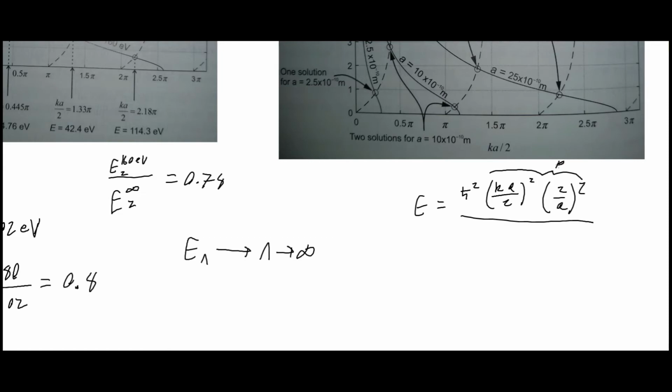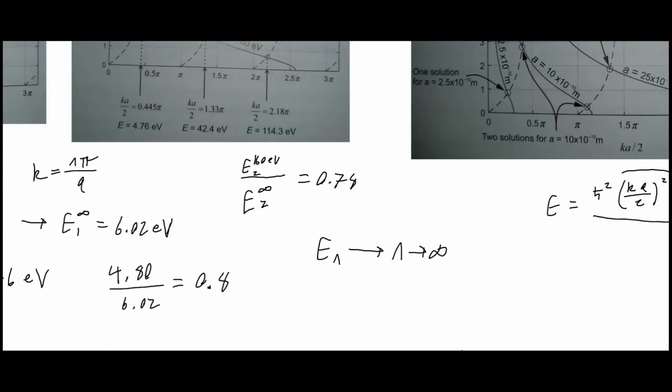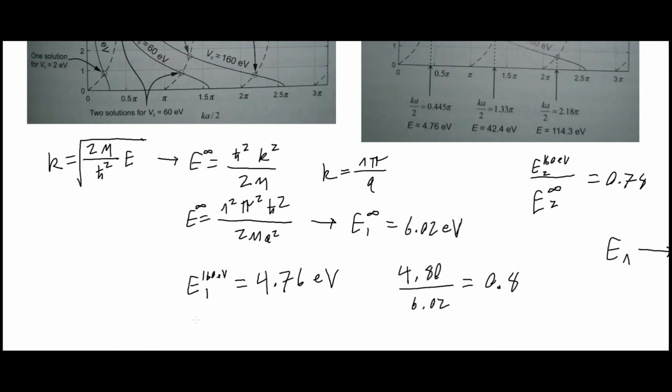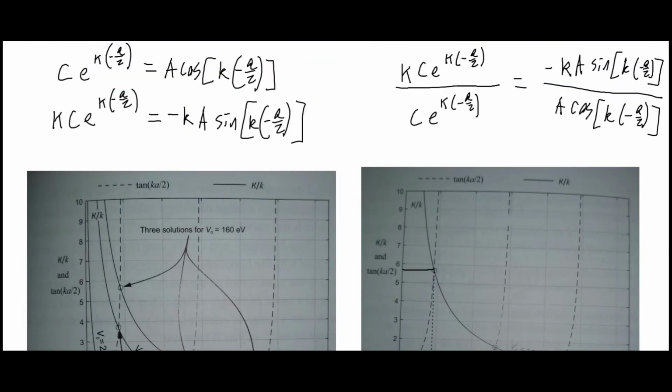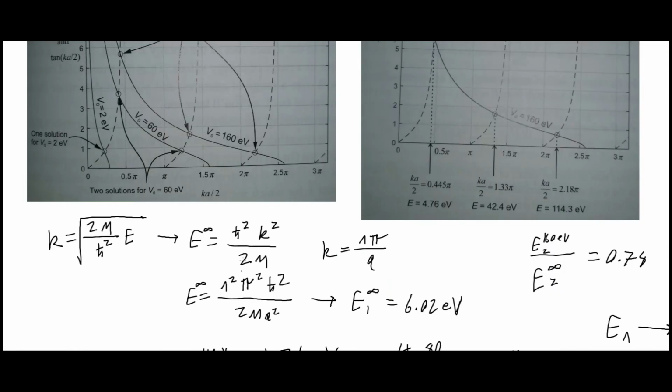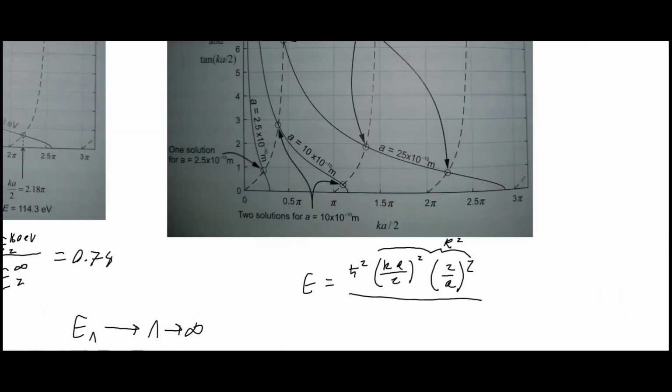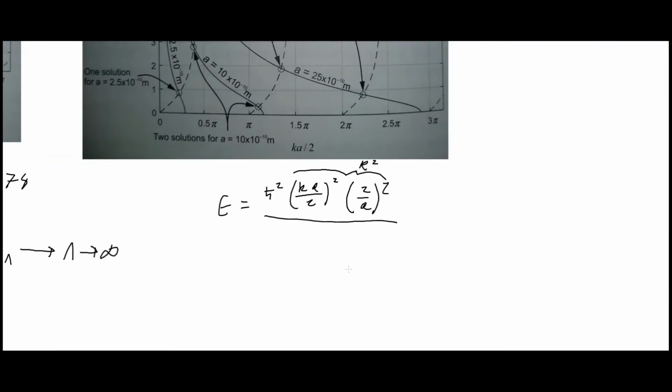squared, the k squared from this equation over here, since we're using Ka over 2 rather than k, and then we do that over 2m.